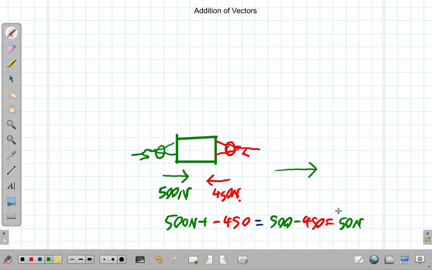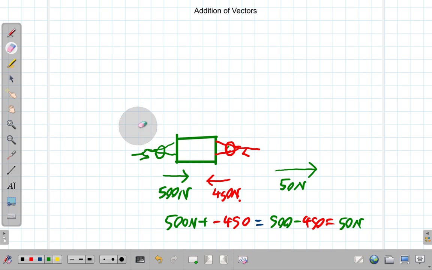So 450 will cancel out 450 of the 500, leaving 50 left over. And then what you have is equivalent to 50 newtons acting to the right. So that's what you have. You have 500 minus 450, which is 50 newtons.